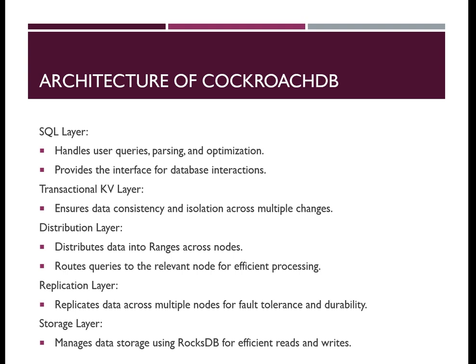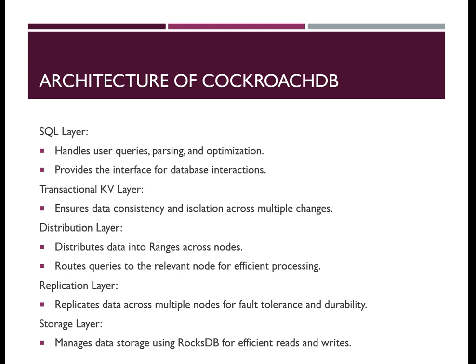Coming to the transactional KV layer, it ensures that transactions are consistent and isolated across multiple changes. It handles provisional changes until the commit is finalized, as in the example I gave before. The distributed layer distributes the data into ranges and routes queries to appropriate nodes for efficient processing.